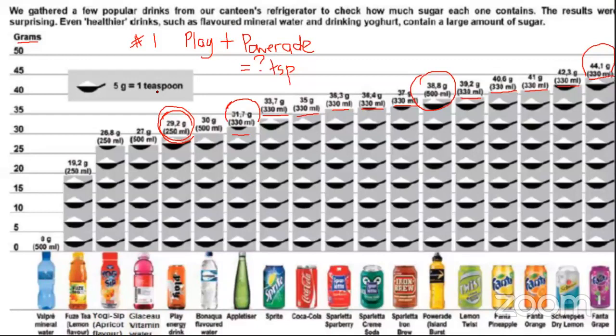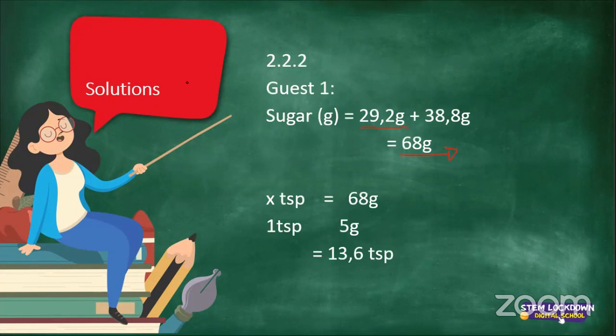Now, obviously, we're told that 1 teaspoon is equivalent to 5 grams. So we're now changing grams to teaspoons. Obviously, cross multiply. For me, it's easier if you start with the unknown. So I want to know how many teaspoons are equivalent to 68 grams, if 1 teaspoon, written underneath, is equivalent to 5 grams.